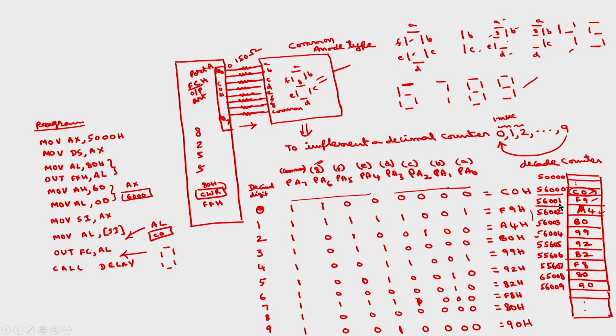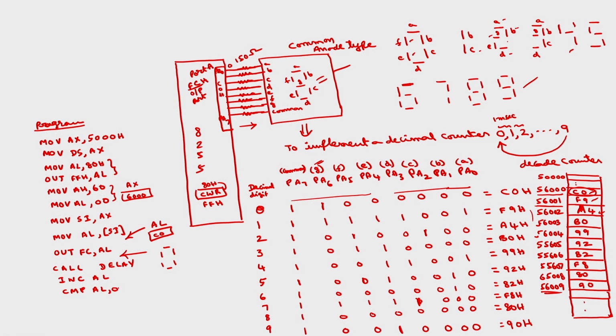So, you have to just simply increment AL, INC AL, compare AL with 09. So, up to 09 we have to increment this. We will compare with 0A, because 9 also you have to display, right.